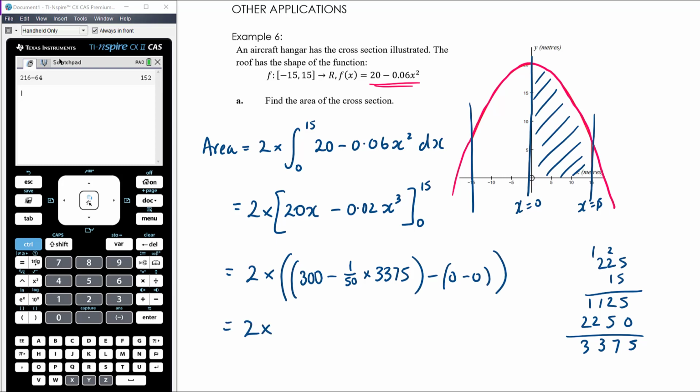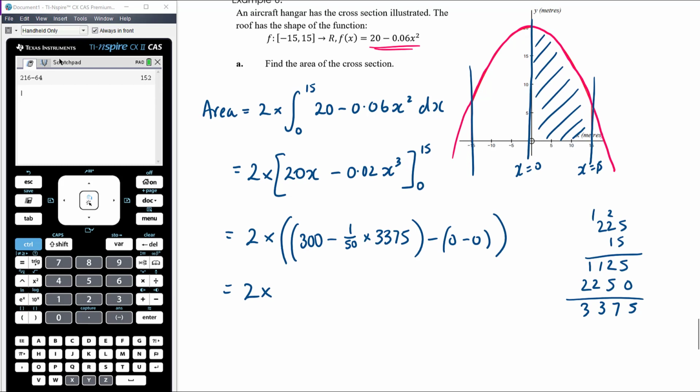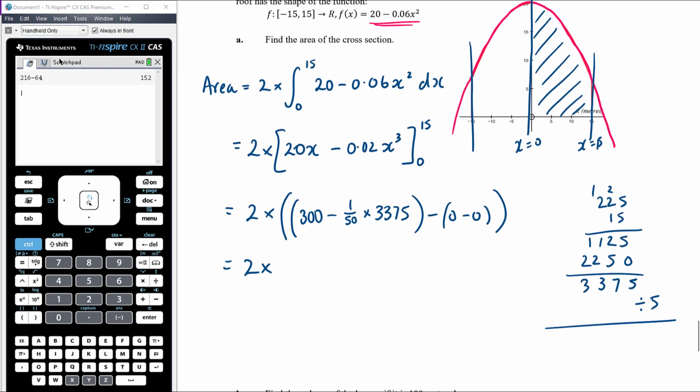Okay, so let's have a think about this. If we divide 3375 by 5, which would actually have just been doing 3 times 225. So if we divide that by 5, what I'm thinking through in my head is, when I did this times 15, I got this. Okay, but 15 is 3 times 5.